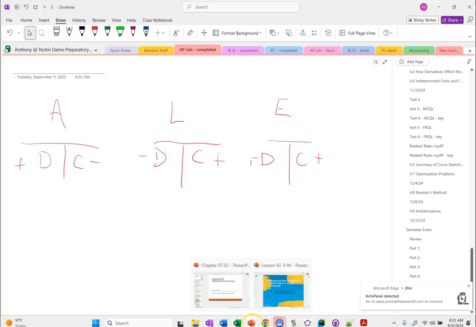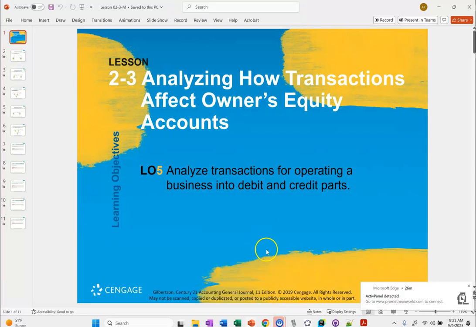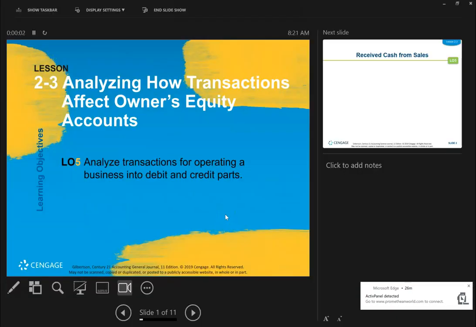Let's look at the 2-3 PowerPoint. So again, we're now looking at the types of transactions that affect the owner's equity, other than that initial seed investment.